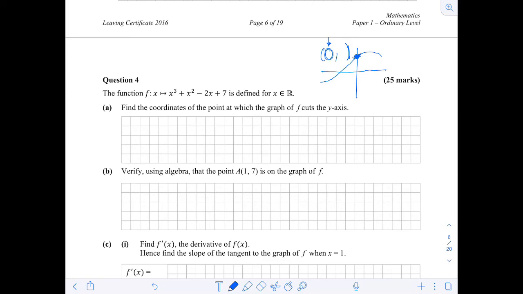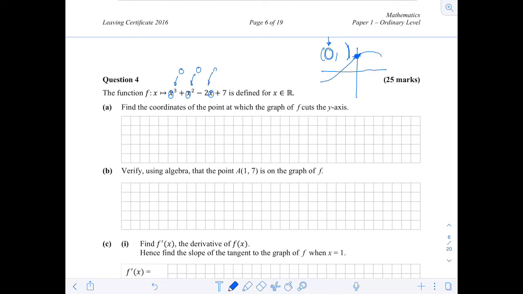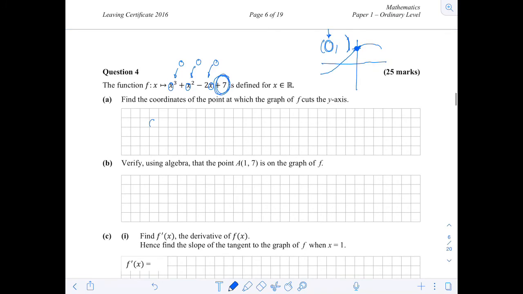So the first ordinate in the coordinates must be 0. The moment we turn each x into a 0, that whole thing becomes 0, and the only thing we're left with is the plus 7. So the coordinates of the point where this function crosses the y-axis must be 0, 7.